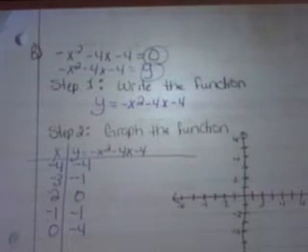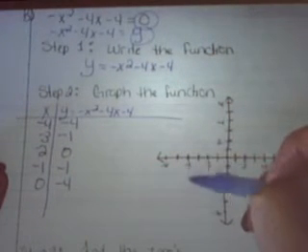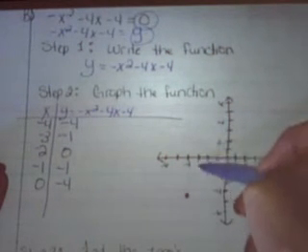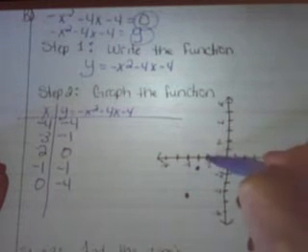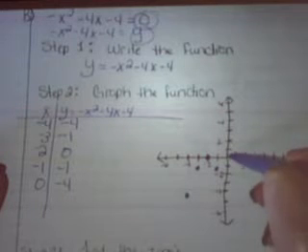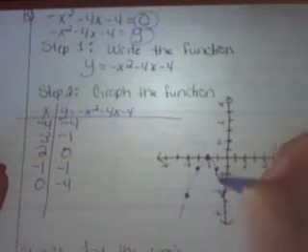So from here we have some points, so we just plot those points: (-4, -4), (-3, -1), (-2, 0), (-1, -1), and (0, -4). Here's our parabola.